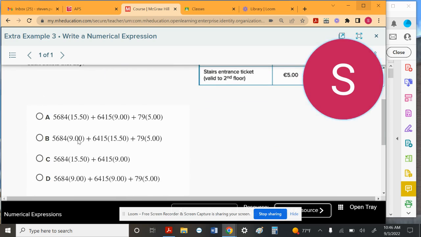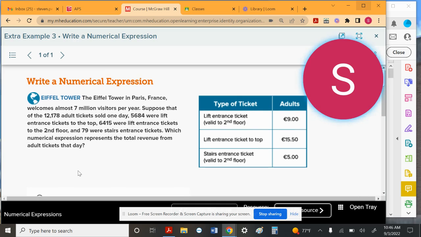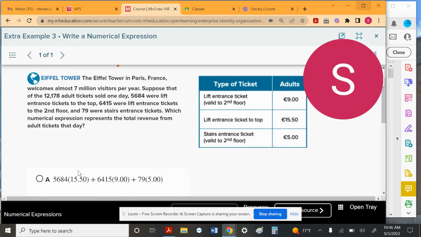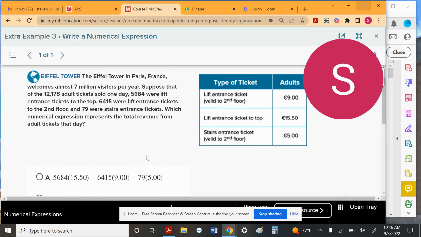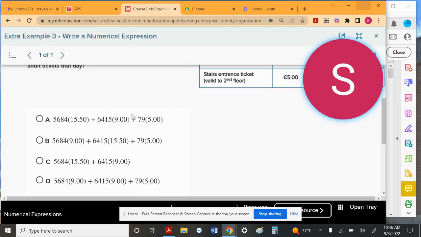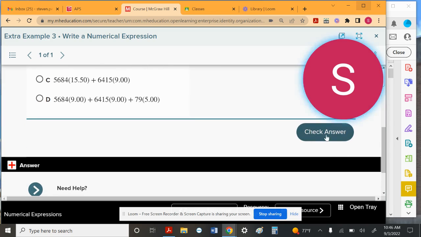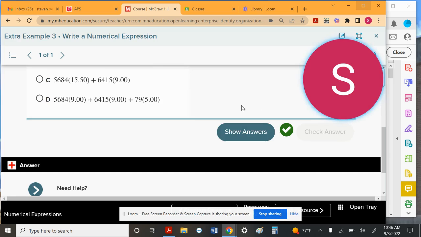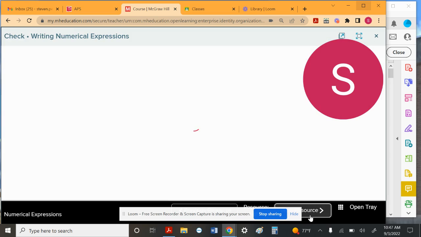So notice it's either going to be A or C. And then we have 6,415 that went to the second floor. Second floor costs, if you see here, $9. Notice that in both cases we have the 6,415, and in this case the best answer is A. So of course you can come over here and you can check your answer. It tells me I'm correct, and we can move on.